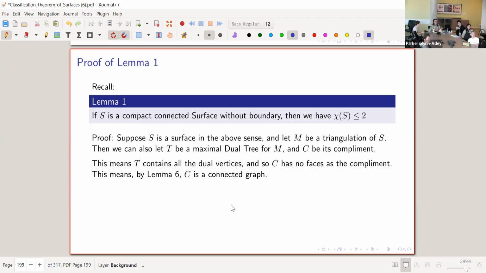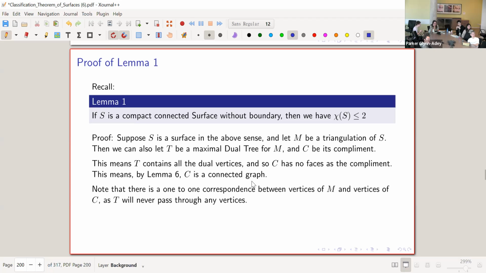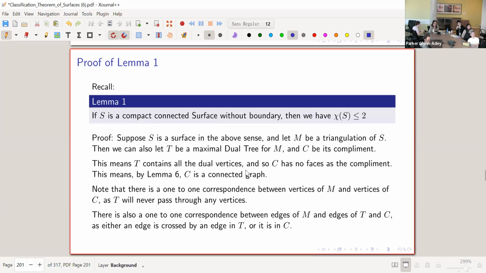So since C is just the vertices and the edges, by lemma 6, it must be a connected graph. Note that there's a one-to-one correspondence between the vertices of M and the vertices of C, as T will never pass through any of the vertices, so all the vertices will be in the complement. There's also a one-to-one correspondence between the edges of M and the edges of T and C, because either an edge was passed in T, or it will be in the complement.